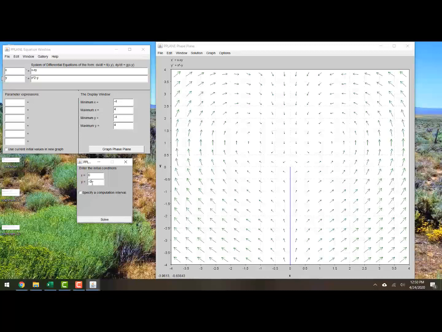If we start above, like at +5, and say solve, we have a solution going the other way. It starts up here and just sinks right down to that equilibrium point. However, if you're off that nullcline by just a little bit, like -1, let's see what happens here. Okay, this is interesting. We have a solution that was approaching the equilibrium solution here, but then it bends away, and then it winds up actually sinking into this equilibrium here.